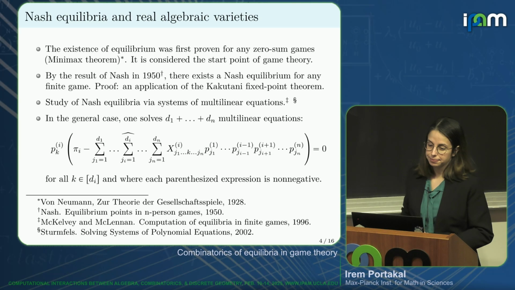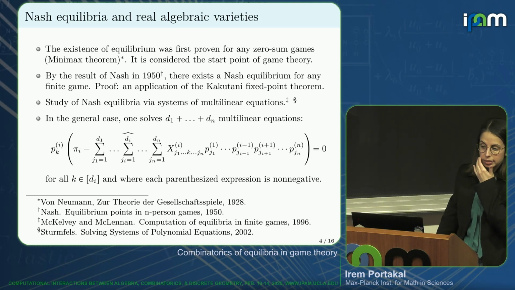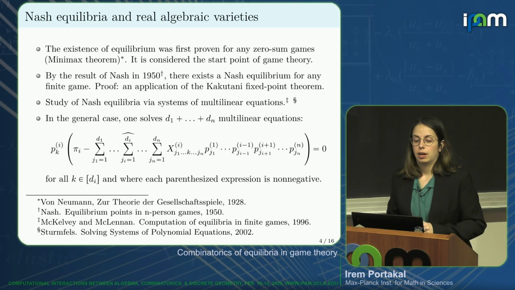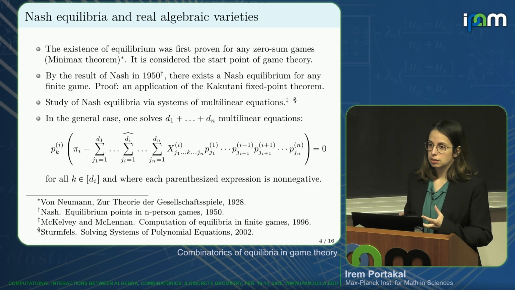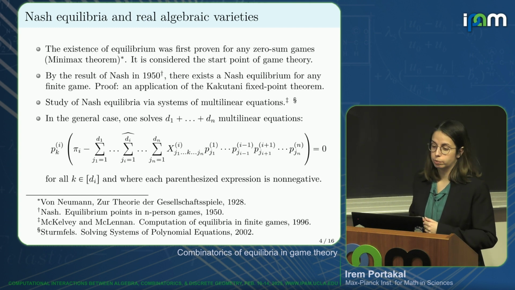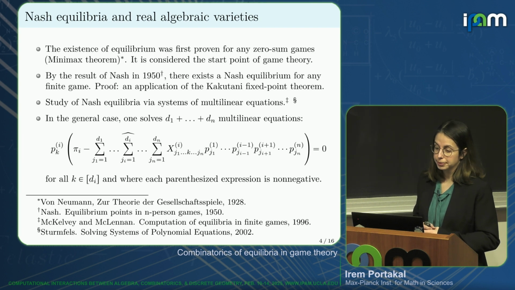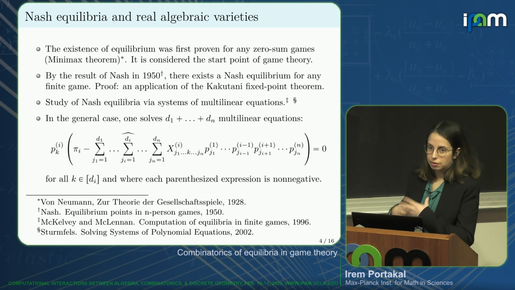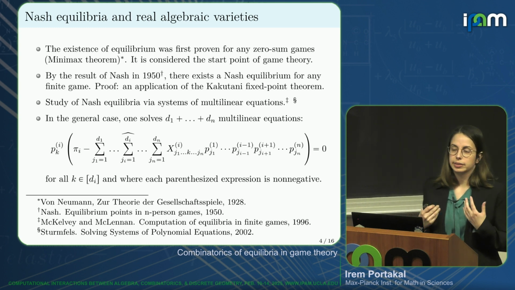Why is this interesting? This started in 1928, a little bit of history. The existence of equilibrium was first proven for any zero-sum games by von Neumann. That wasn't called Nash equilibrium back then, it was just called equilibrium. And in the 50s, Nash proved this for any finite game, and after that people started calling it Nash equilibrium.